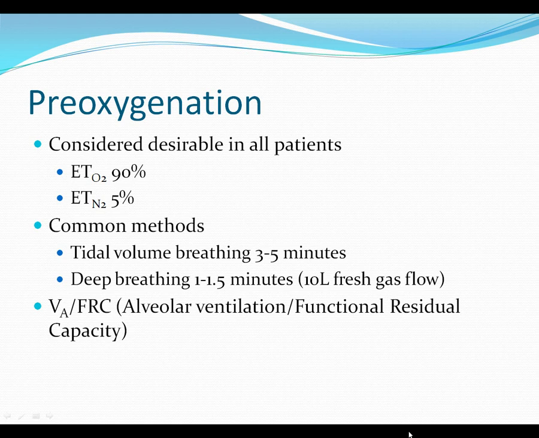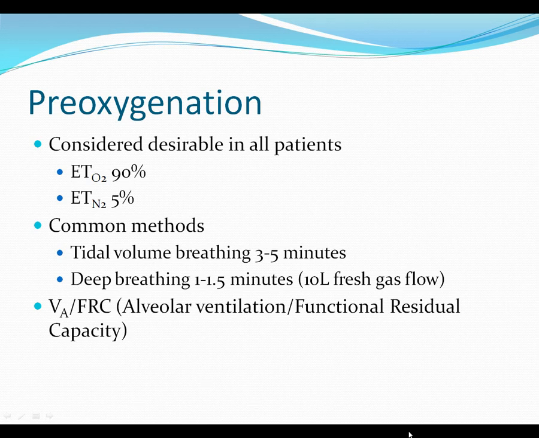And what determines the speed of pre-oxygenation is what you're going for: raising the oxygen levels and decreasing the nitrogen levels in the functional residual capacity. And so the main determinant of that is your minute ventilation to FRC ratio.